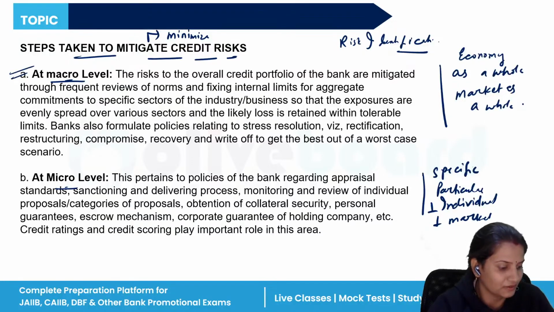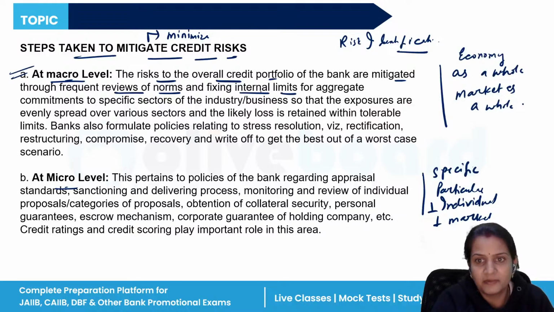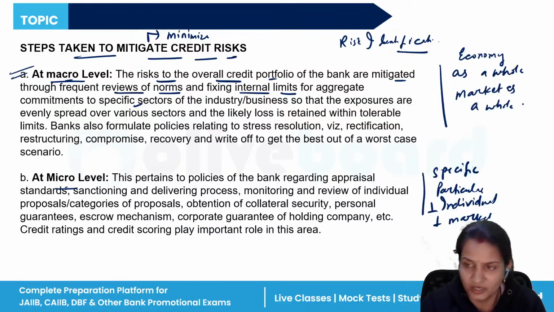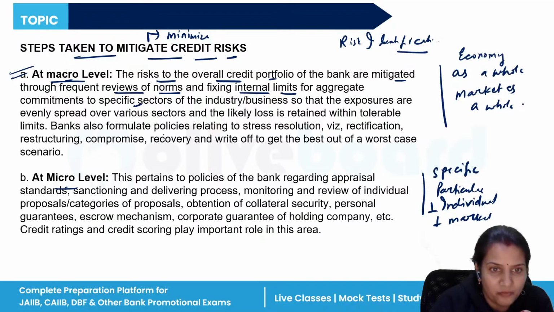The risk to the overall credit portfolio of a bank is mitigated through frequent reviews of norms, fixing internal limits, aggregating commitments to specific sectors. So these are the things which you have to take into consideration as a whole. Like policies.